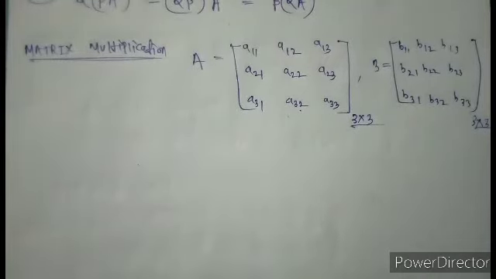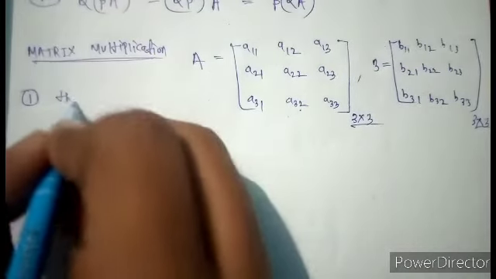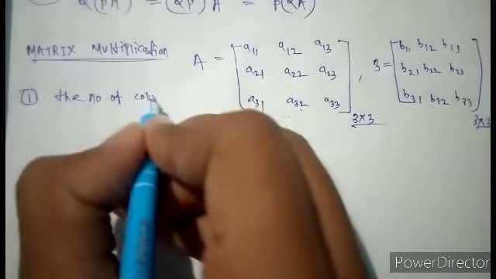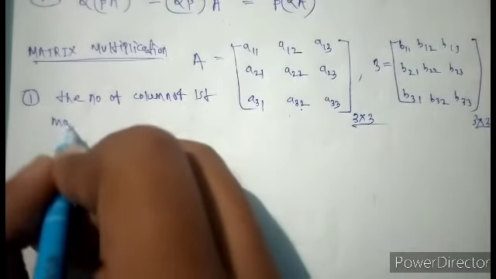What is the condition for matrix multiplication? First we have to know the number of columns of the first matrix.